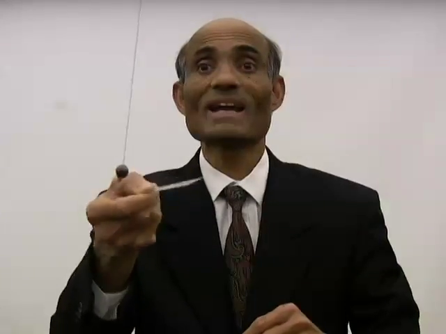So how will you define an electric field? Well, I can place it anywhere here. That charge is being pushed away. So I'm going to define an electric field using this concept. How am I going to define it?